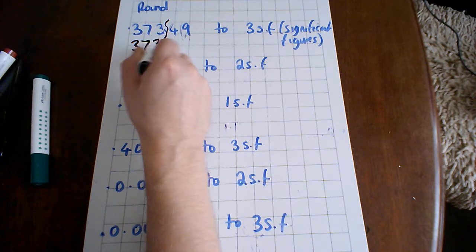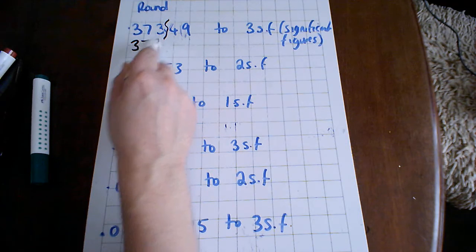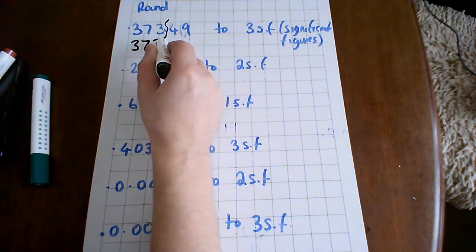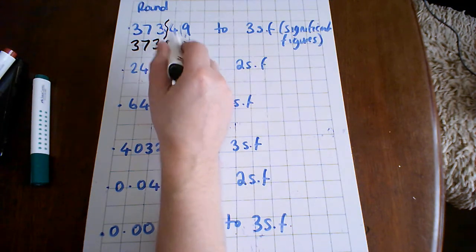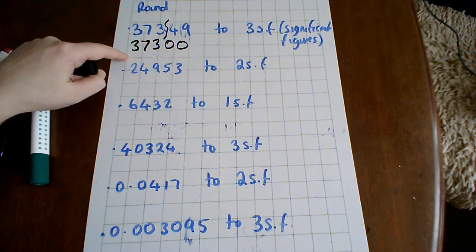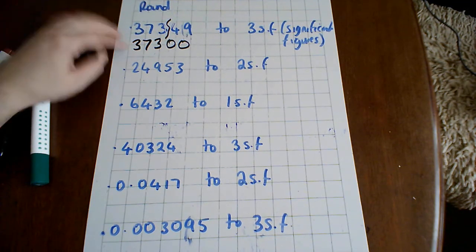It keeps it the same, and the other 2 are not rounded, because that number is not close to that. That's 373, that's 37,000, so it's 37,300. You've replaced the last 2 with zeros, because this number is a simplified display of this.